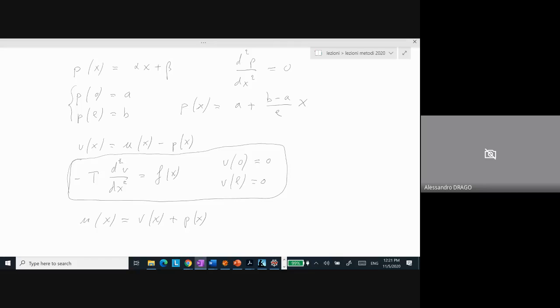This first step is divided in two sub-steps. The first sub-step is to consider what happens if we just concentrate on the first part of the differential equation, so the homogeneous part without the f of x. Why do we do that?